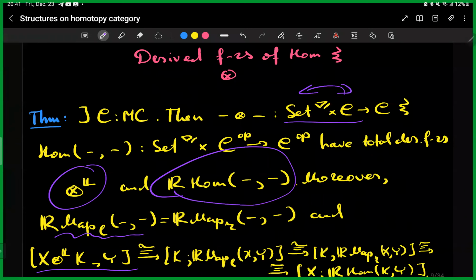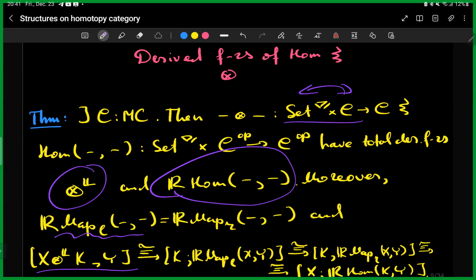Basically, that's just the condition that we have the tensor-hom adjunction. So we have this isomorphism by adjunction. Then we have this isomorphism because derived functors of map L and map R coincide.